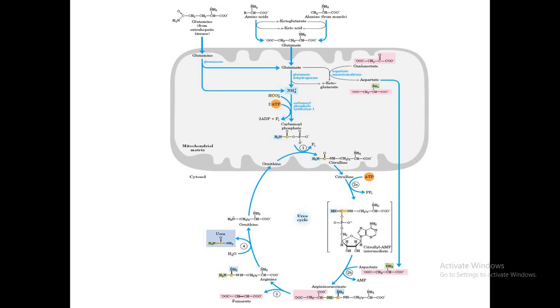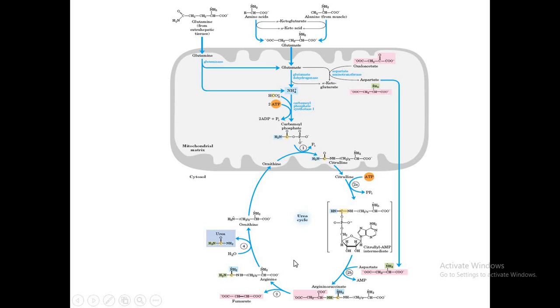From the smaller peptides, the amino acids are released in the intestine, absorbed by intestinal cells, and then transported into the liver. In the liver mitochondria the amino acid metabolism takes place, and the amino acids are converted into urea via the cycle that we call the ornithine cycle or urea cycle.